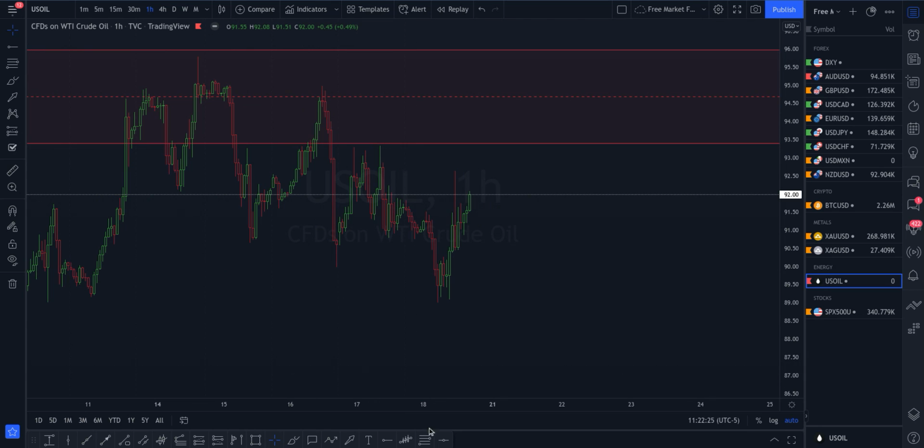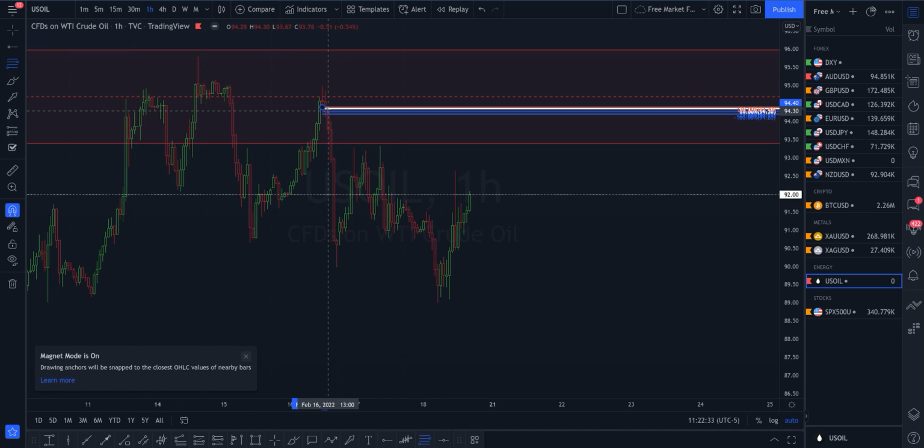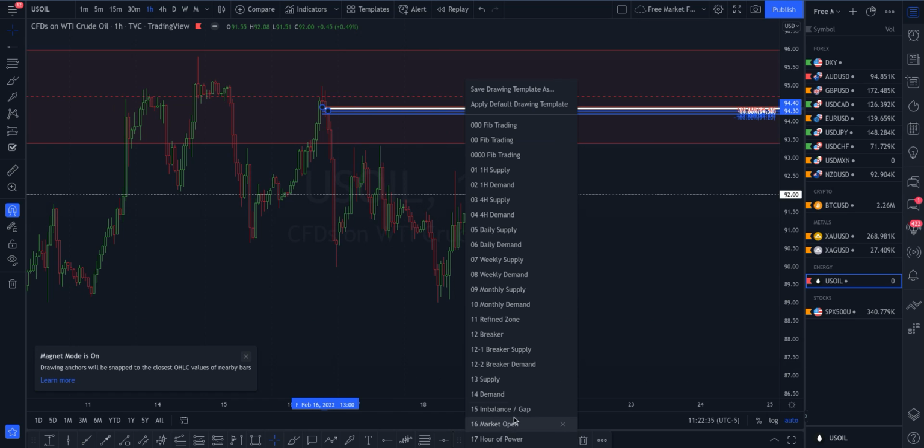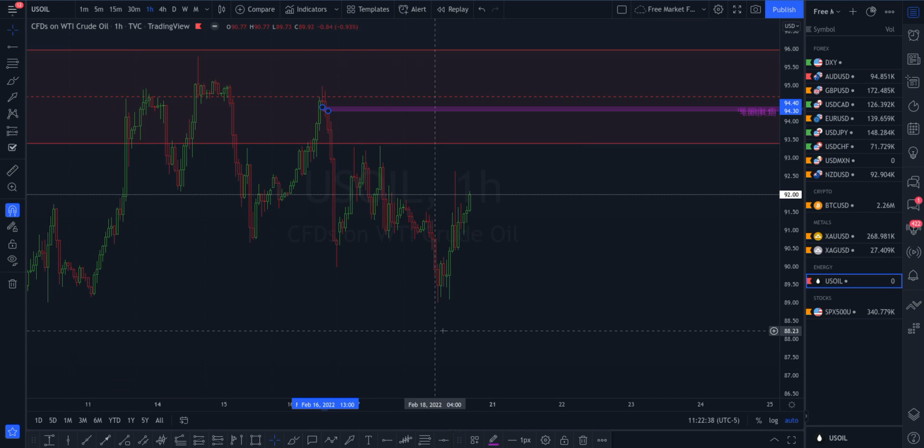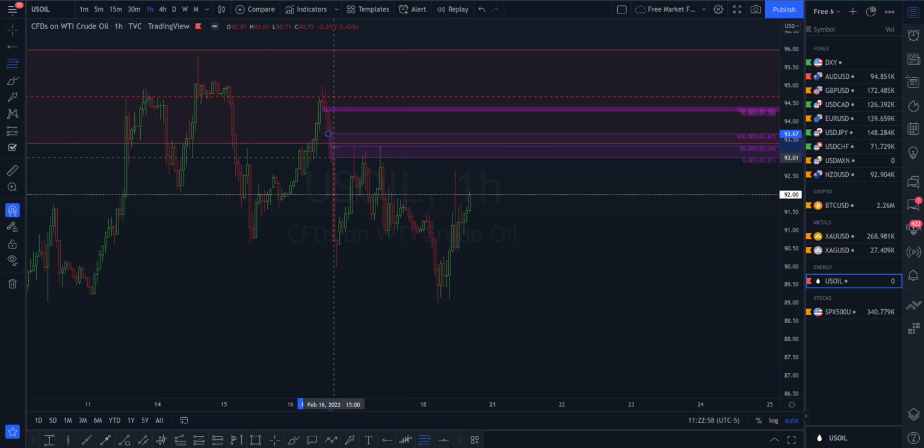Okay. We have imbalance here. Okay. It needs to be filled. This has been mitigated. Let's see. That's been mitigated. Alright, so we're probably gonna have to go smart money on this a little bit.